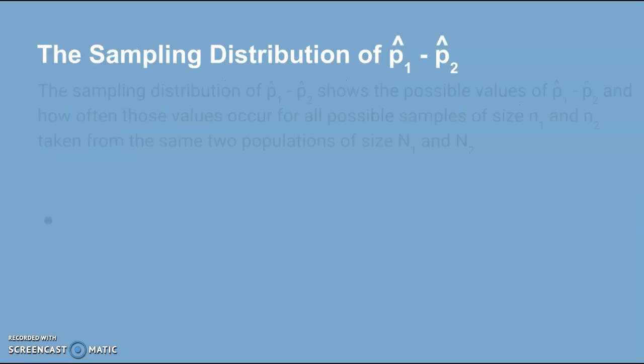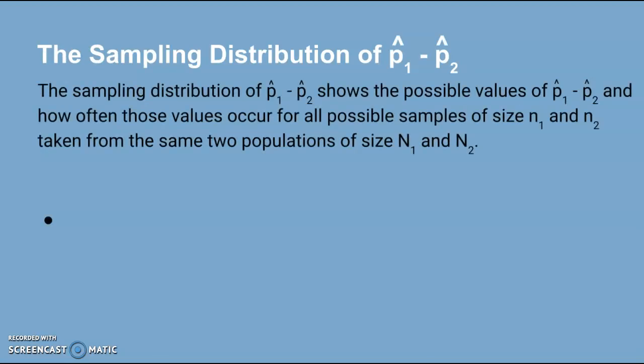So the sampling distribution of the difference between p hat 1 and p hat 2 shows the possible values for the difference in the sample proportions and how often those values occur for all possible samples of size n1 and n2 taken from the two populations that have their own sizes. And note that n1 and n2 do not have to be the same size, nor do the populations that we're studying.